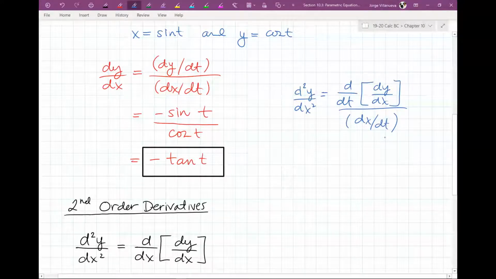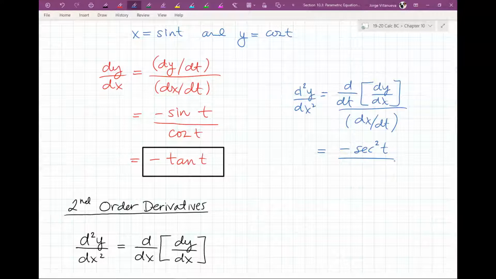Okay, that's the definition of the second derivative. Okay, we just figured that out. So, what's d/dt of dy/dx? So, that's my dy/dx, negative tangent of t. So what's the derivative of tangent of t, let's say? Yeah, that'd be secant squared t. There's my numerator, because it's the derivative of my answer.